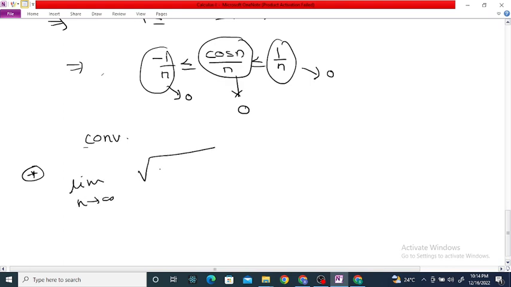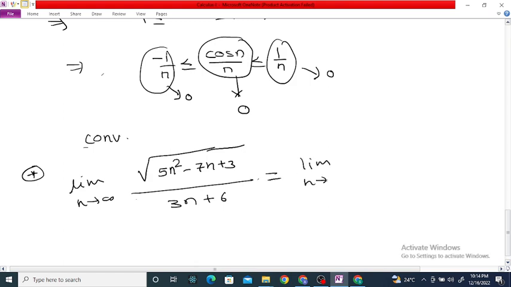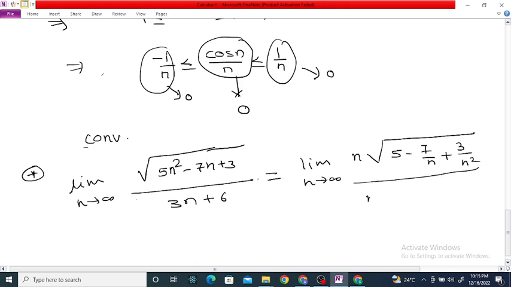square root of 5n square minus 7n plus 3 divided by thrice n plus 6. Say I want to determine the limit of this sequence. So this is equal to limit n tends to infinity. If we take n outside, this is square root of 5 minus 7 by n plus 3 by n square, divided by, if we take n outside here, 3 plus 6 by n.